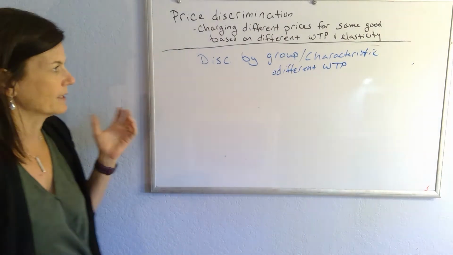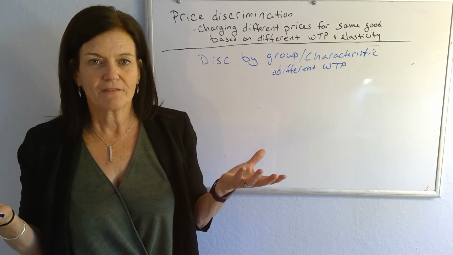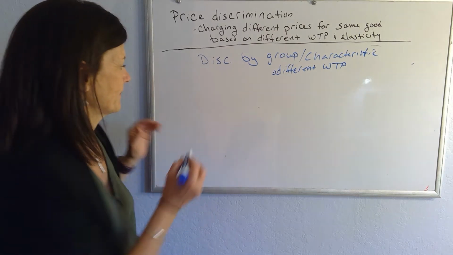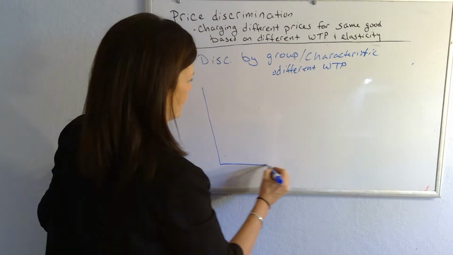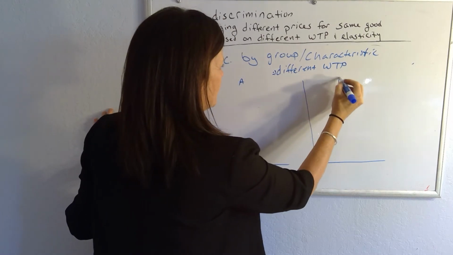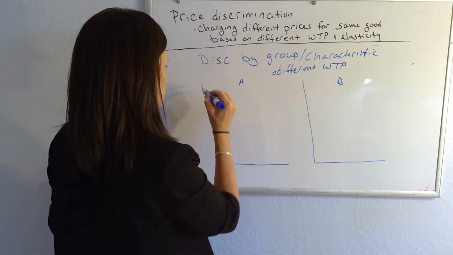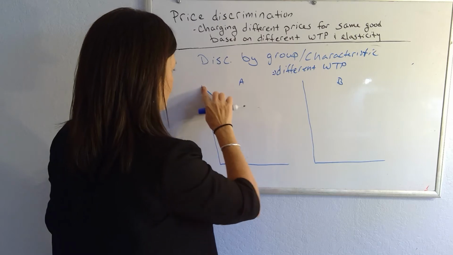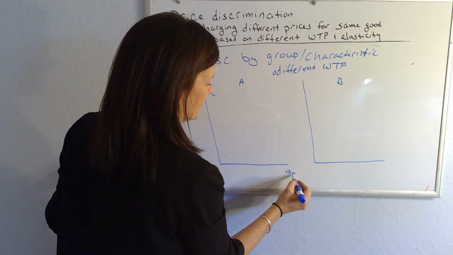And so if you think about it, if you have two groups of people, let's call them group A and group B. Let's say it's airline travel.